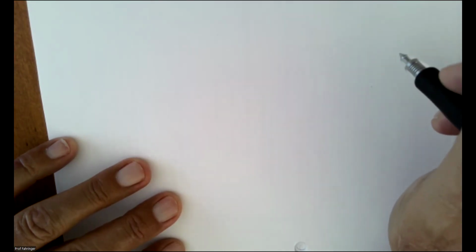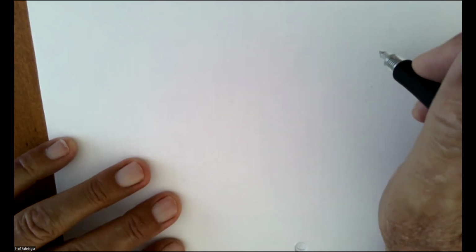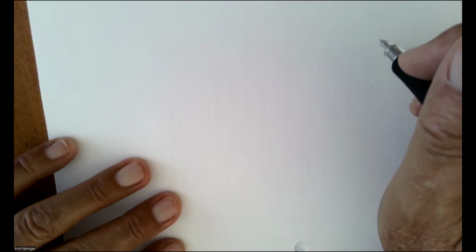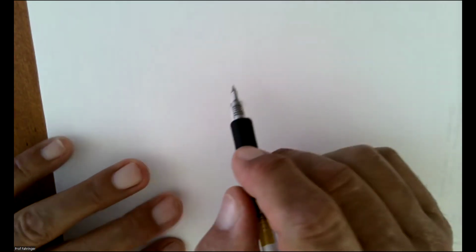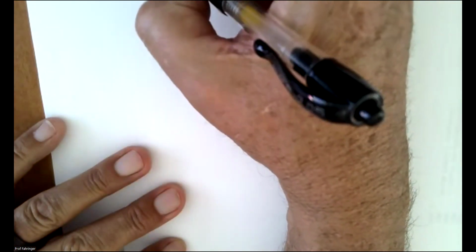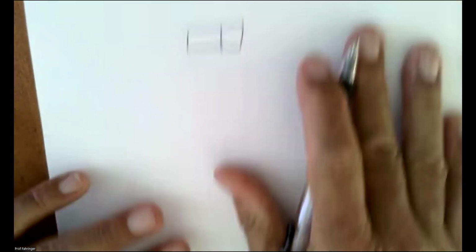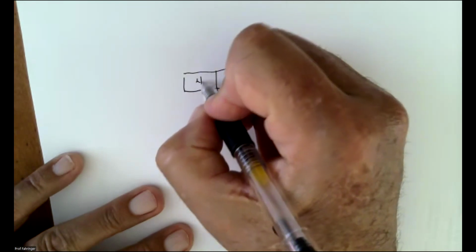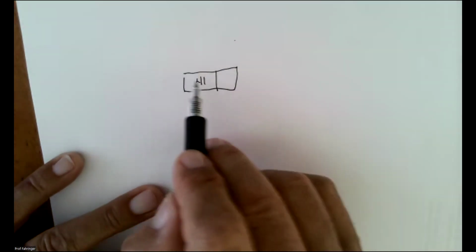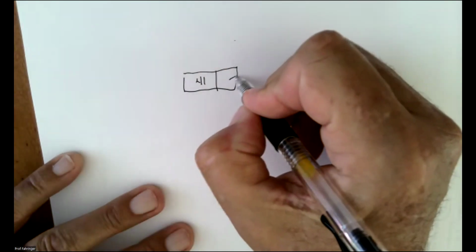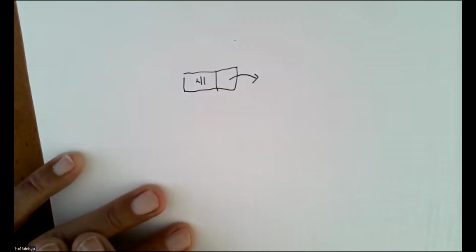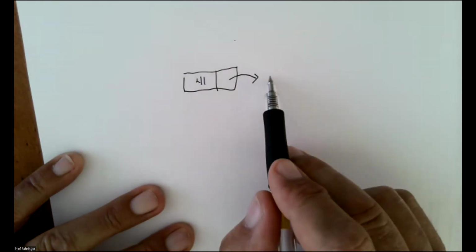A lot of times we don't know. But just like vectors, we're going to learn about doing something dynamic where I'm going to create a structure, which we don't know about, and I'm going to store a value in it. And a structure is two part. And then I'm going to have a pointer so that I could go to another memory location.